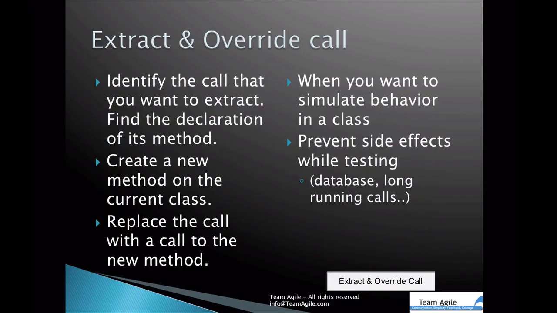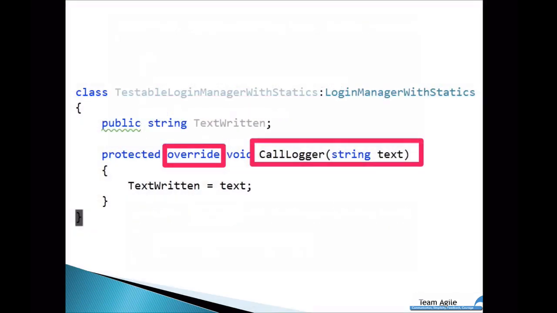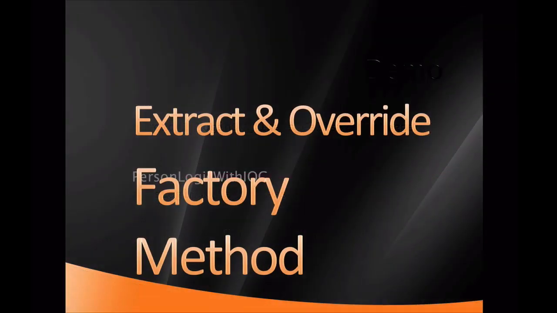Let's talk about something else. Just like we extract and override a call to a logger, we can also extract and override a call that creates an object. Let's say we have a dependency that gets created directly in the code.